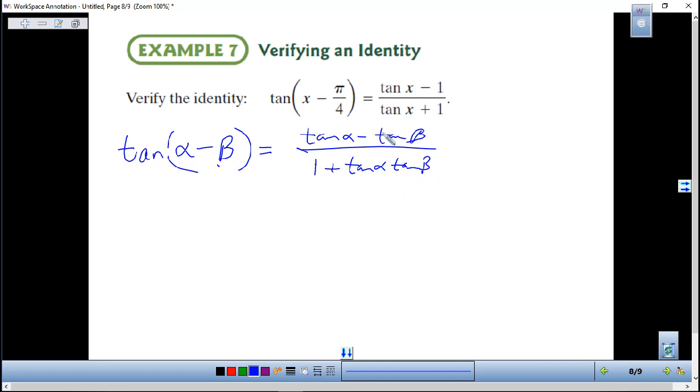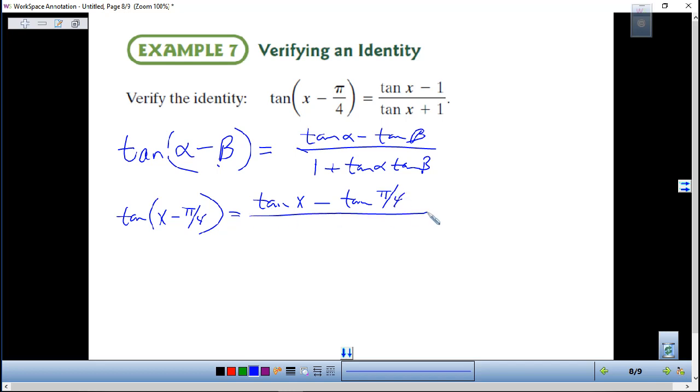Alright, so when I plug everything in, tangent of x minus pi over 4, once again, x is just a variable, just like you plug in pi over 4. So we're going to have tangent of x minus tangent of pi over 4 over 1 plus tangent x times tangent pi over 4.